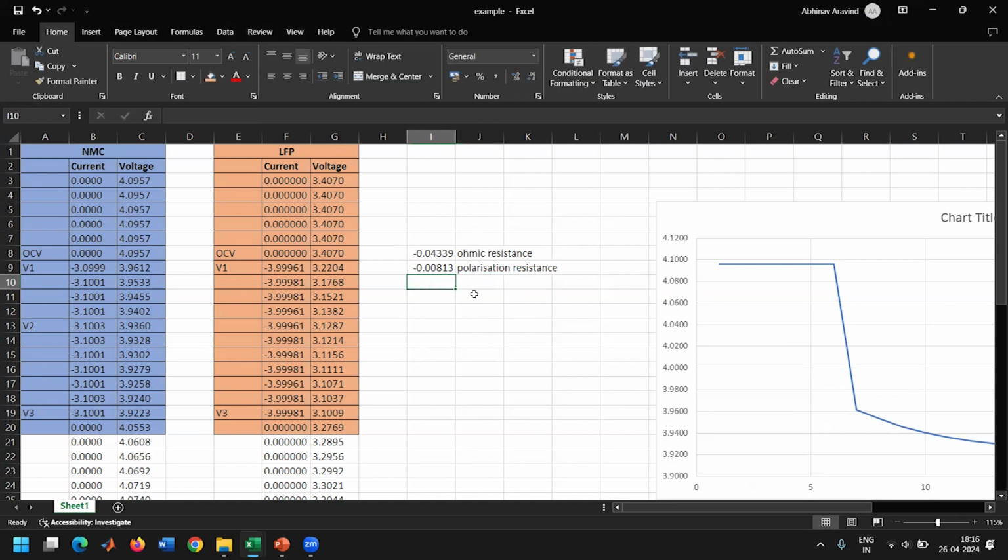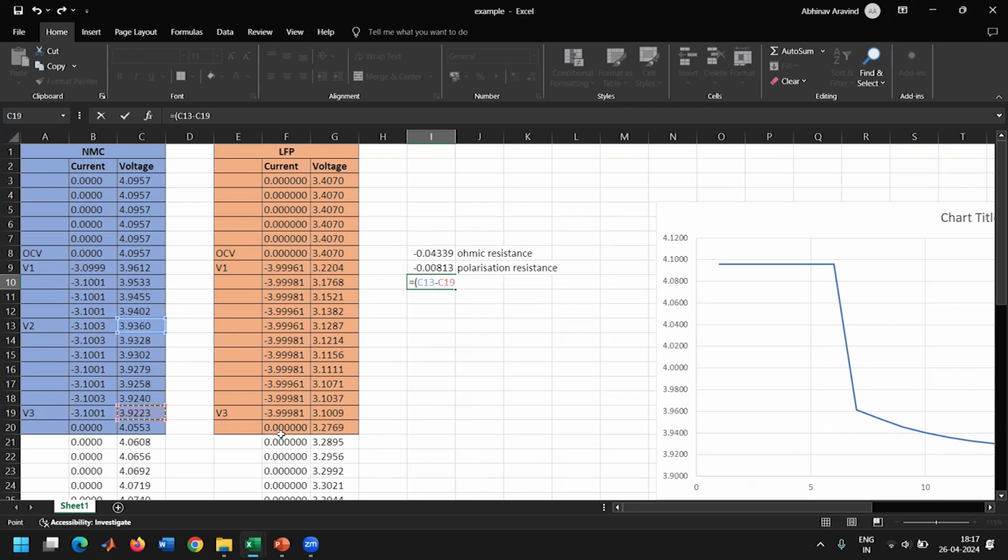Then there is the third portion, which we know is going to be the charge transfer, or you can say even the diffusion resistance. But that is simple. So all you have to do is take the remaining portion. So this value minus the last value, the end of the pulse, divided by this value.